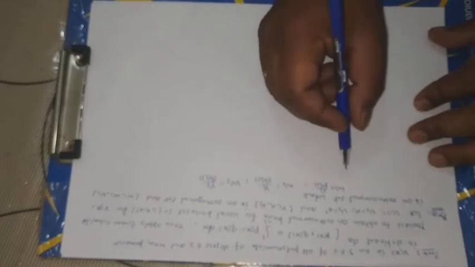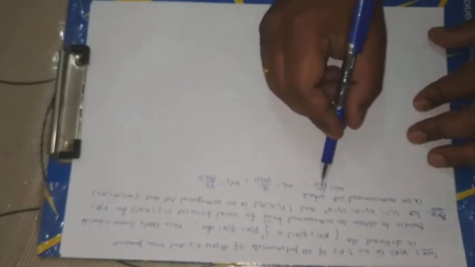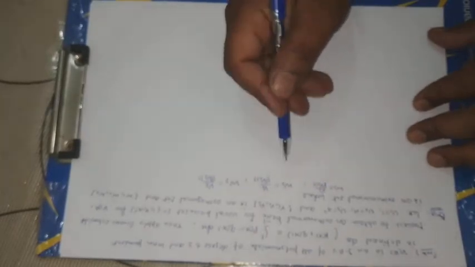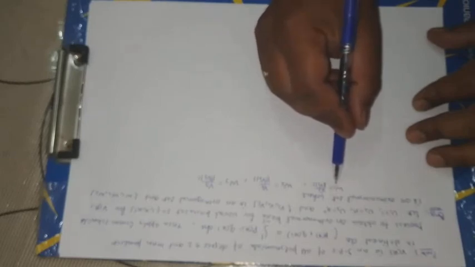Okay. The main object here is to determine first v1, v2, v3 orthogonal and w1, w2, w3 orthonormal set.